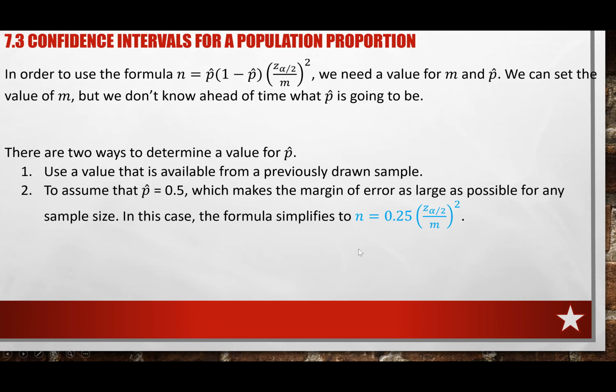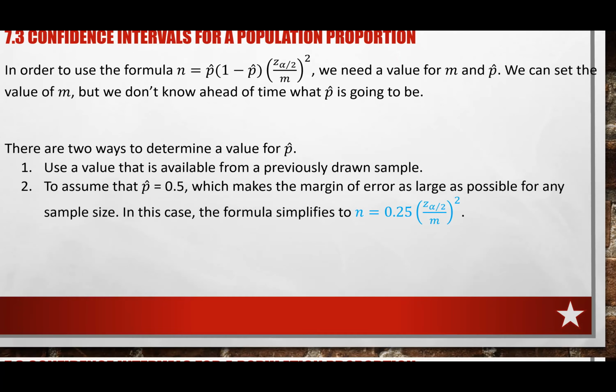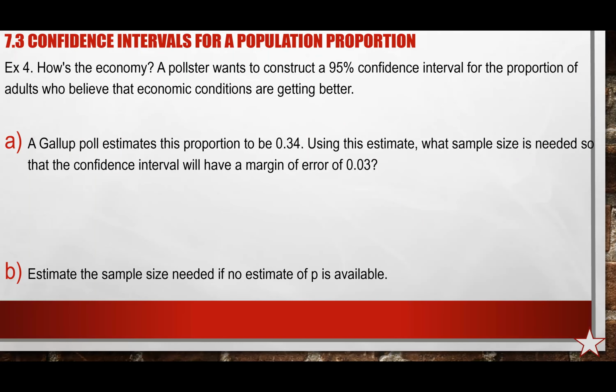So let's take a look at an example and see which formula we use. A pollster wants to construct a 95% confidence interval for the proportion of adults who believe that economic conditions are getting better.